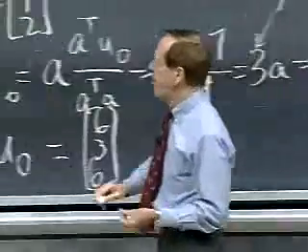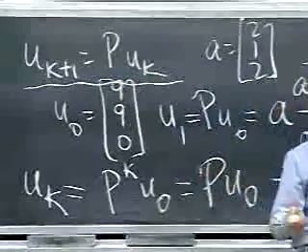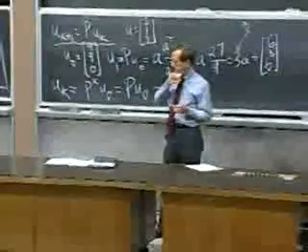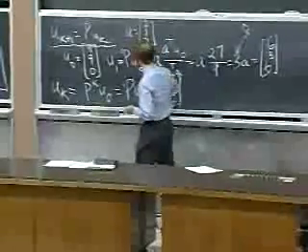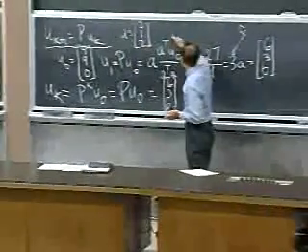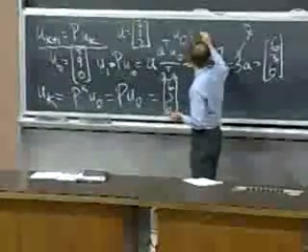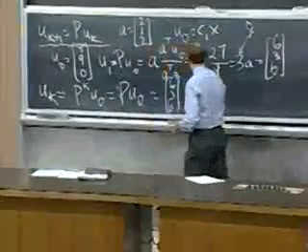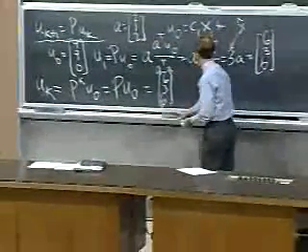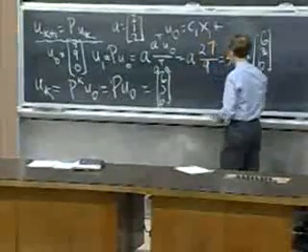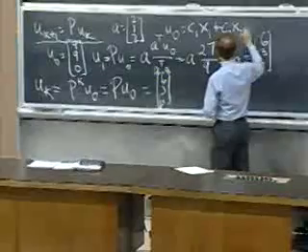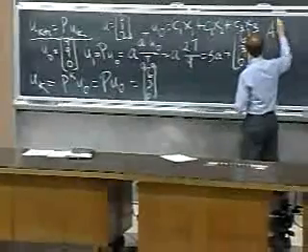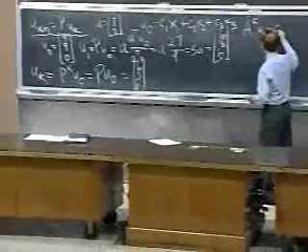But if P was now some other matrix, let's just remember from these very recent lectures how you would proceed. We know that for U_k, we would expand U0 as a combination of eigenvectors: c1 x1, some multiple of the second eigenvector, some multiple of the third eigenvector, and then A to the k U0 would be c1 lambda1 to the k x1 and so on.